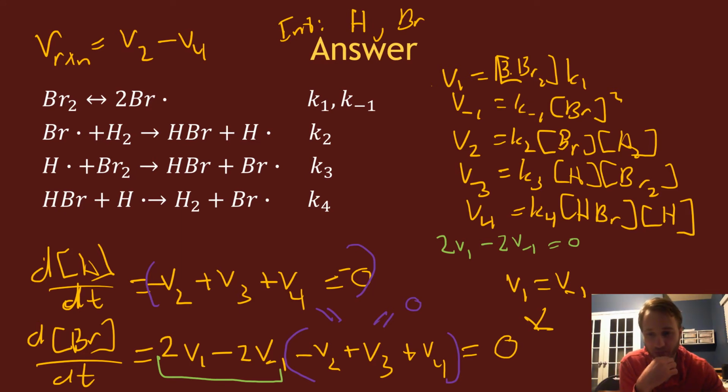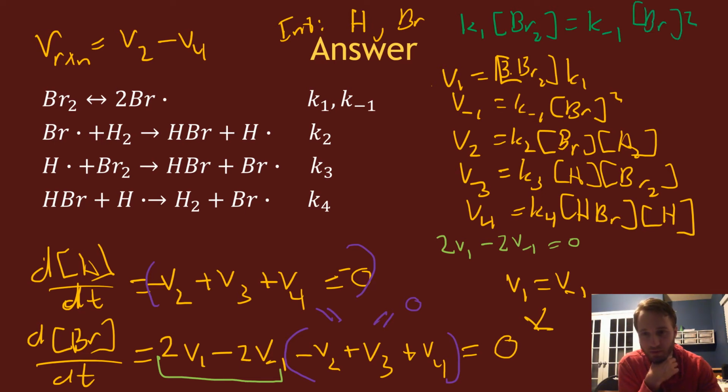It does kind of help because now I see, using that V1 equals V minus 1, that tells me already some information. Up here with V1 and V minus 1, that means I can set k1 Br2 equal to k minus 1 Br squared.